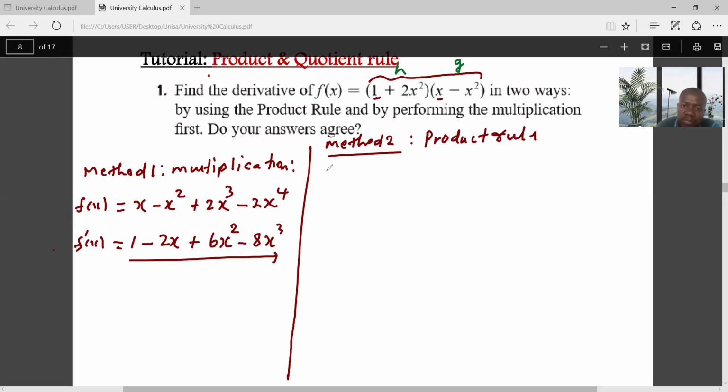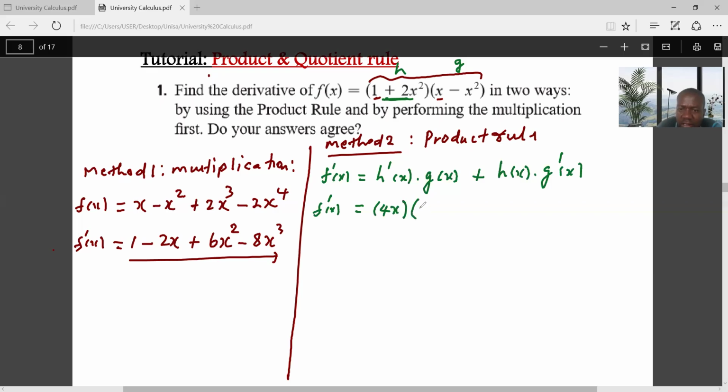So if we make f prime of x, we need to differentiate the h, we leave the g, then we leave the h, now we differentiate the g. So let's do the simplification. What is the h? Obviously, the h is this one. What is its derivative? Obviously, this will give us 4x.